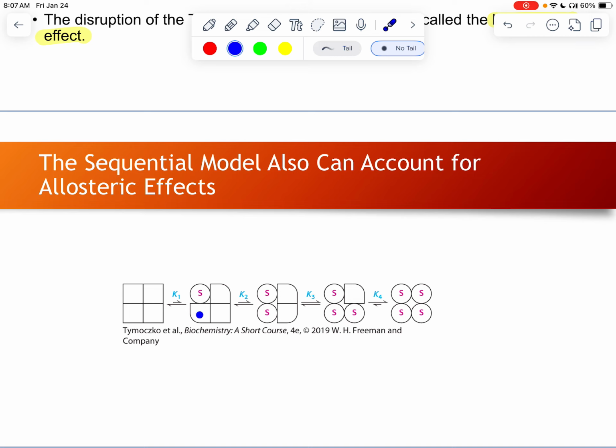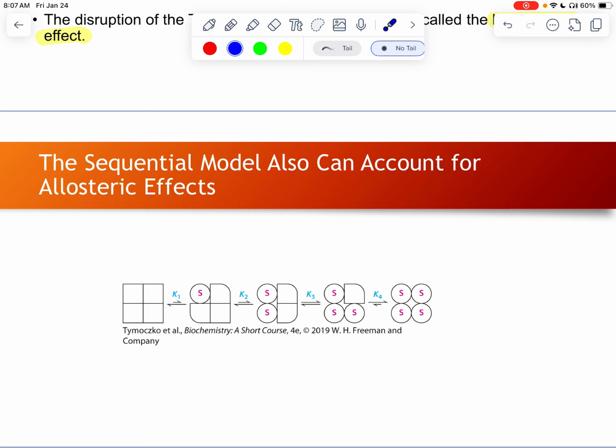But now they're more likely to bond and become active, and so we see another one bond, and notice that our equilibrium is shifting more and more to the right as more and more of these bond. Now this final one is starting to get active and it bonds. And so we see this sequential model and we see our rate constants increase as we're going to the right.